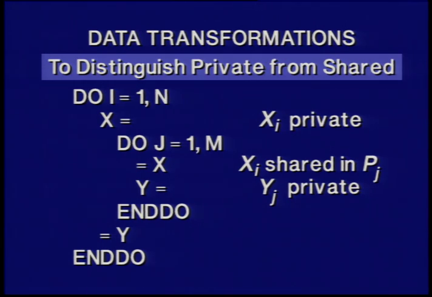And if I have nested processes such as this one, where I have a J loop, if I form the J loop into multiple processes, then even though X is private in the outside process, it's going to be shared internally, and Y itself will be processed. So there's a lot of work that can be done with changing the attributes of a variable in terms of its use within a process. There are many other kinds of transformations to reduce the reuse of storage and the inhibiting of parallelism.